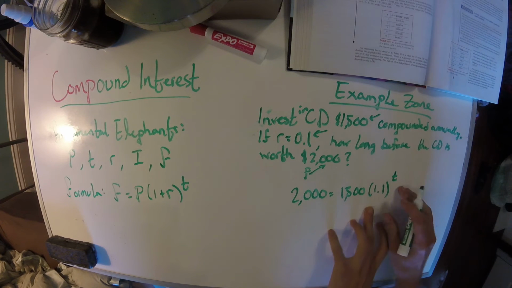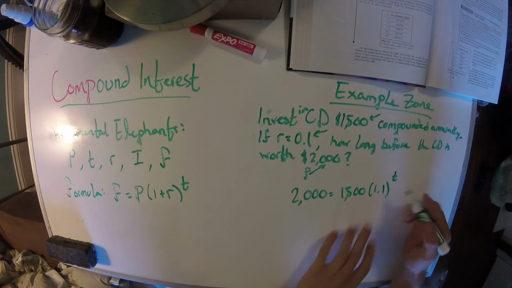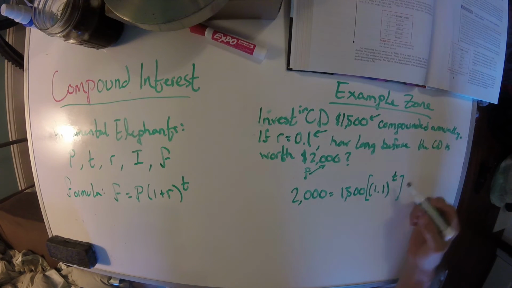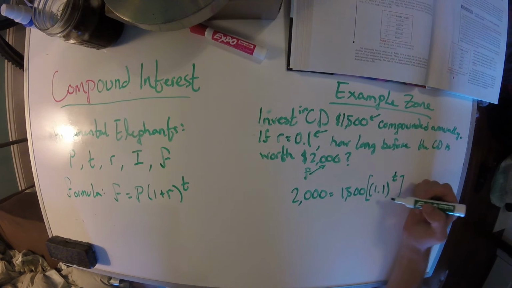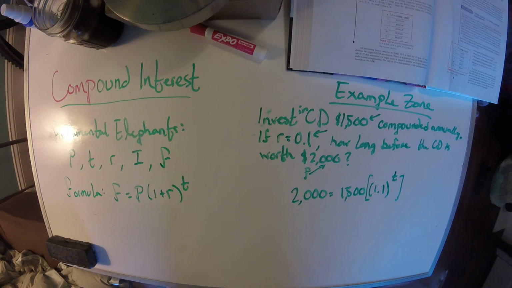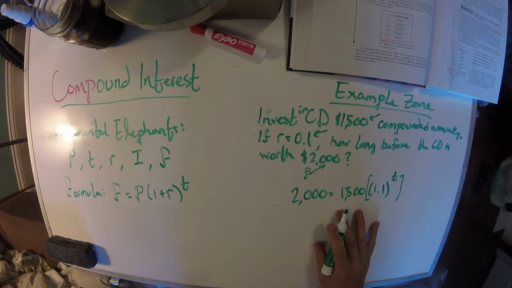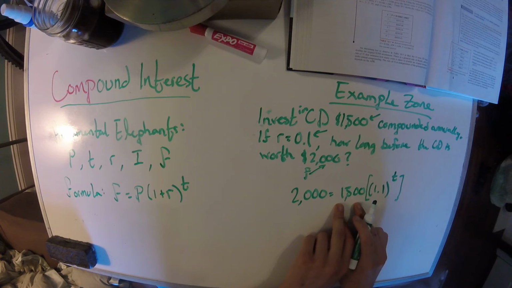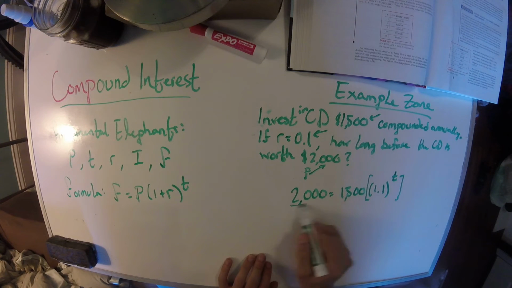Okay, so I'm just going to throw an extra set of brackets around here, just to indicate that the t is in fact only operating on this 1.1, not the 1500, just to make it extra clear. So now, again, we're going to have to go ahead and divide out this 1500, so let's do that.